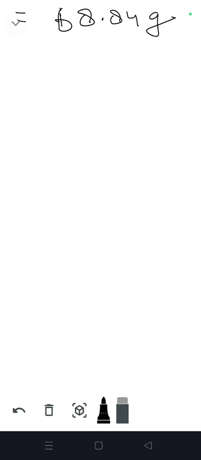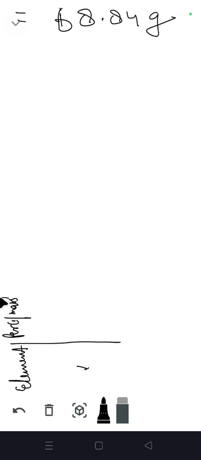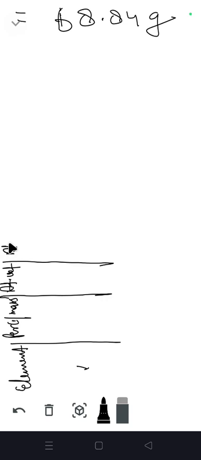then make a table. The table will be: first we will write element, then percent or mass, then atomic weight, then atomic ratio, then your simplest ratio.